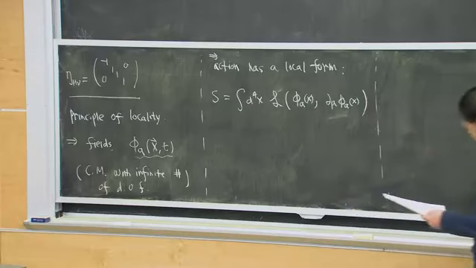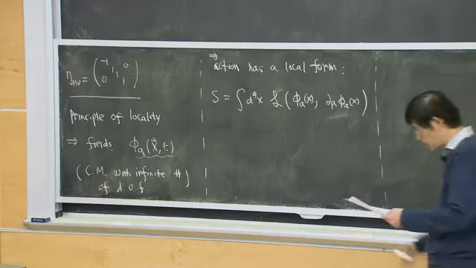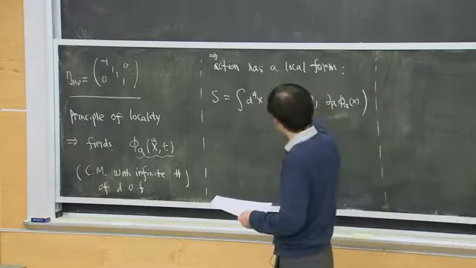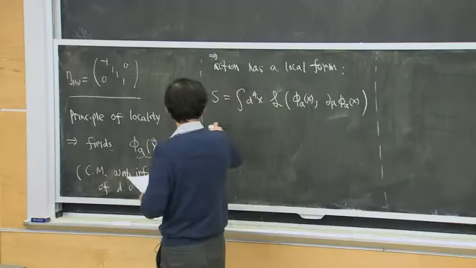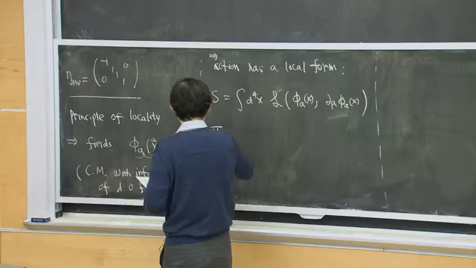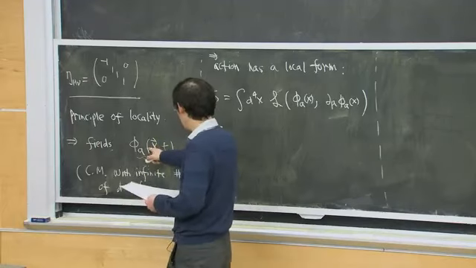The action has the form of a single space-time integral of some function called the Lagrangian density, which is a function of the fields, say phi at the point x, and also its derivatives. Because of locality, the action has a very simple form. Then, as in classical mechanics, you can introduce the canonical momentum conjugate to your dynamical variable, so we have the momentum density conjugate to phi a at each point.